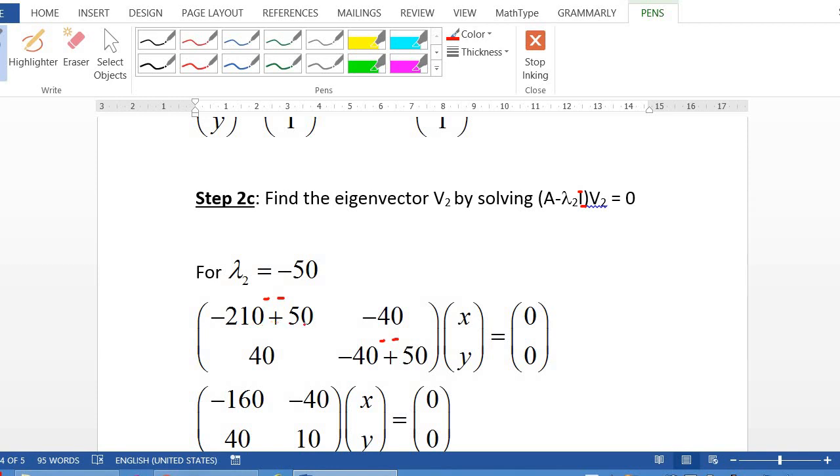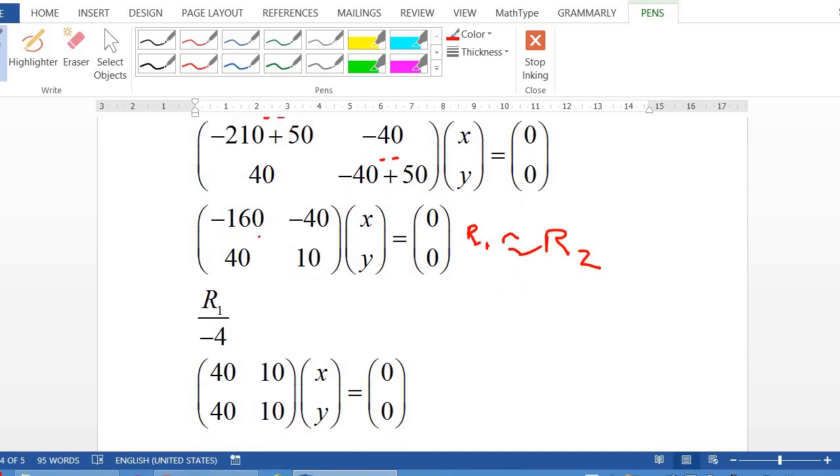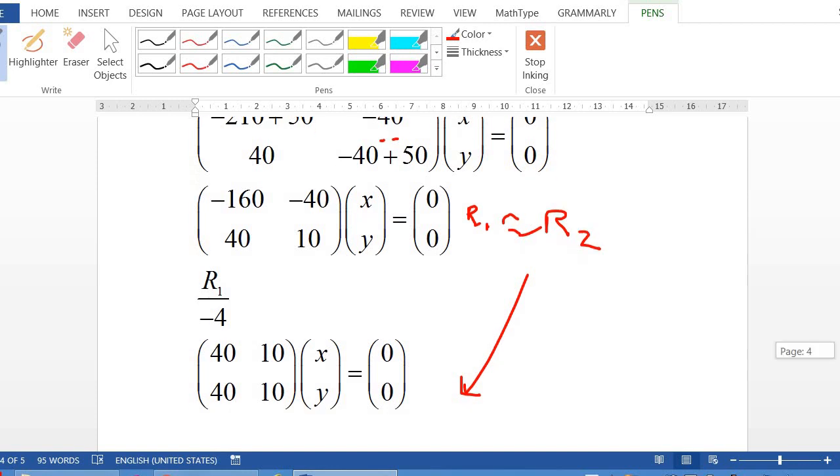So negative 210 plus 50 is negative 160, and negative 40 plus 50 becomes positive 10. Both equations are equivalent: row 1 is equivalent to row 2. You can prove it by dividing row 1 by negative 4. So you get 40, and this will be 10. Hence it proves that row 1 is equivalent to row 2.